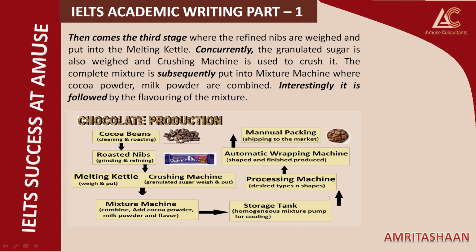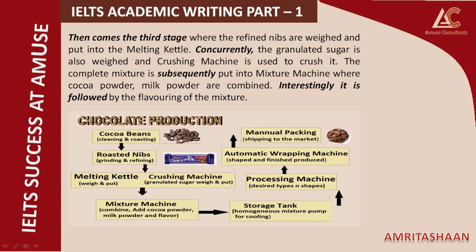The complete mixture is subsequently put into the mixture machine where cocoa powder and milk powder are combined, and interestingly, it is followed by the flavoring of the mixture. So this point has also been taken: cocoa powder and milk powder are added to the mixture of these two things.